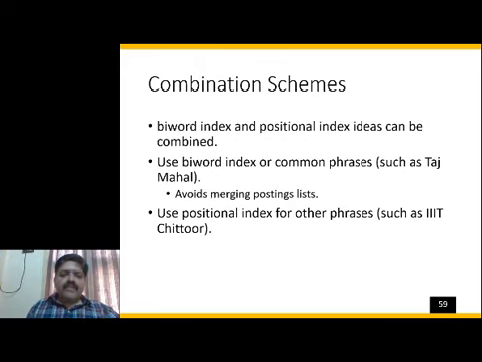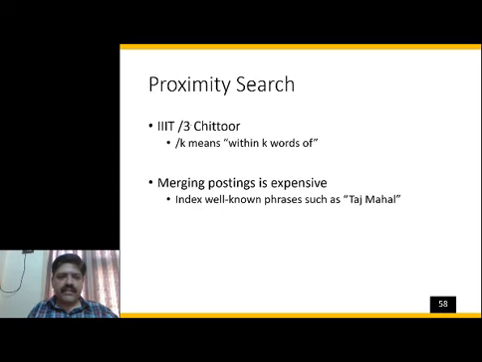Okay, so the moral of the story so far is that all these index formats can be combined to leverage the advantages of each other, especially biword and positional index ideas. They can be used to answer phrasal and proximity search queries.